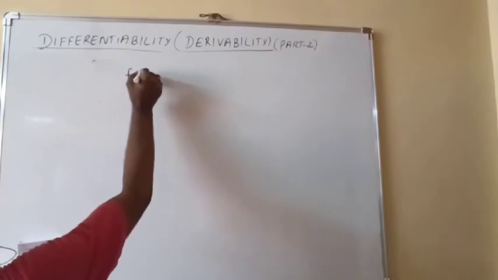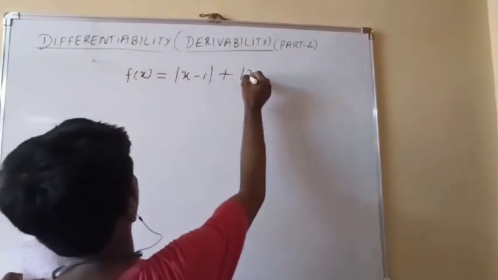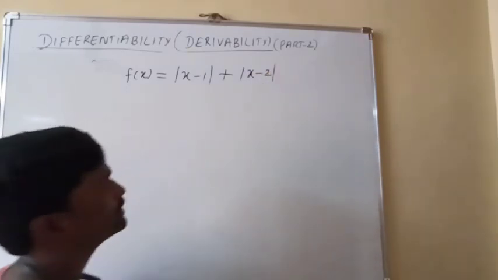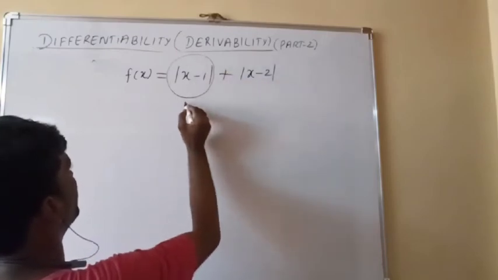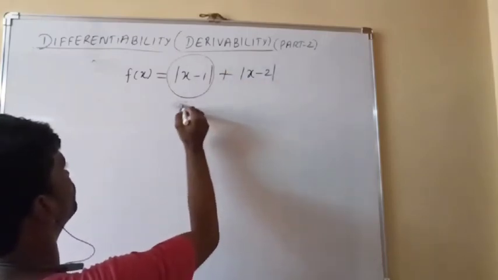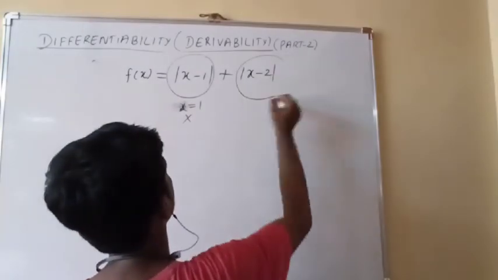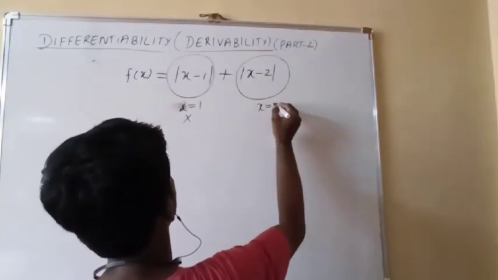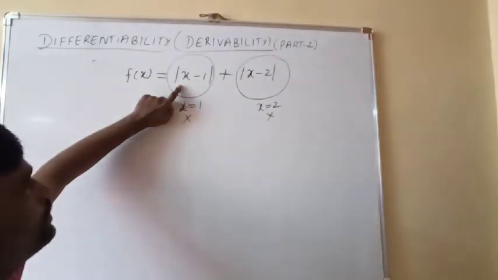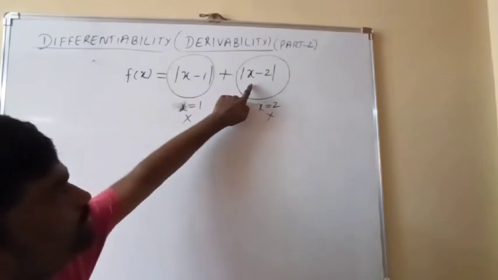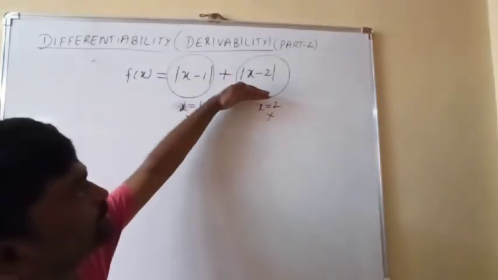If I consider f of x is equal to modulus of x minus 1 plus modulus of x minus 2. Clearly we know that modulus of x minus 1 is differentiable everywhere except at x is equal to 1. Okay. Modulus of x minus 2 is also differentiable everywhere except at x is equal to 2. So this function is not differentiable at 1, but this function is differentiable at 1. So non-differentiable plus differentiable.